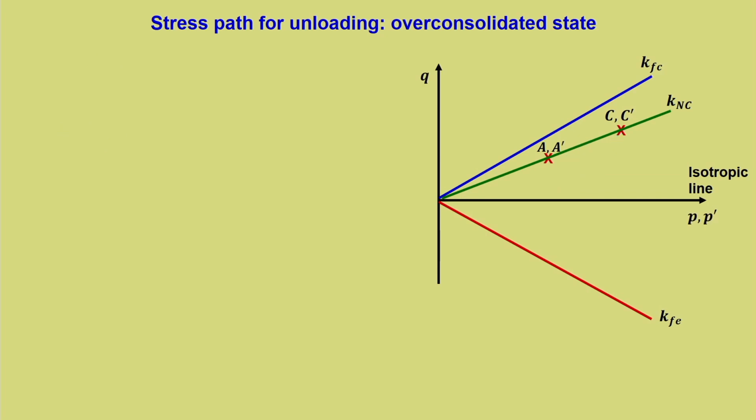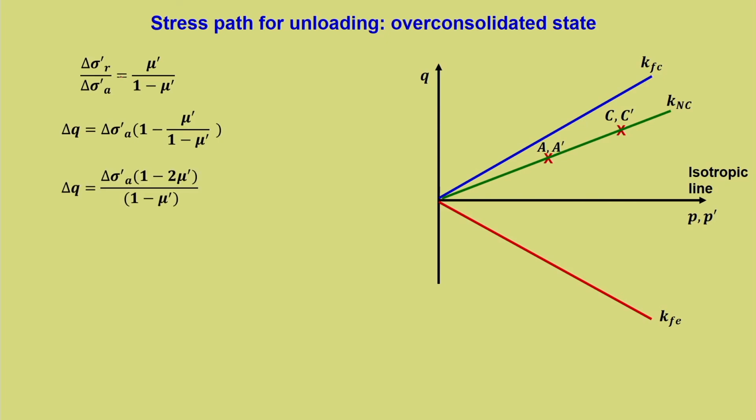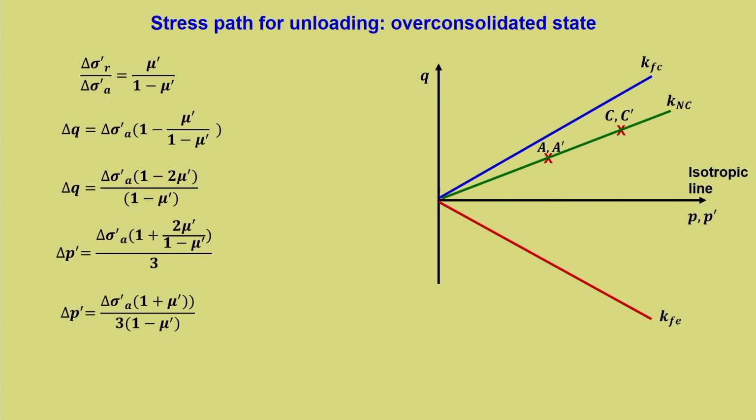So, this is how it looks, the same as that of the sigma a sigma r dash plot. When we repeat this for the q p dash plot, we will have delta sigma r dash, again the substitution, delta q is equal to delta sigma a dash into 1 minus 2 mu dash upon 1 minus mu dash, and delta p dash is equal to delta sigma a dash into 1 plus 2 mu dash by 1 minus mu dash.